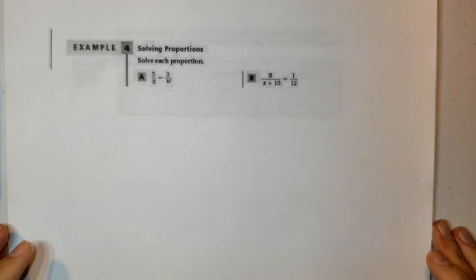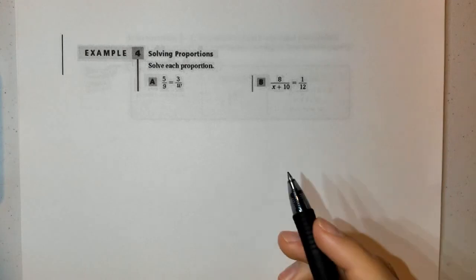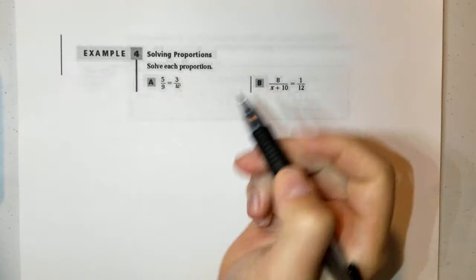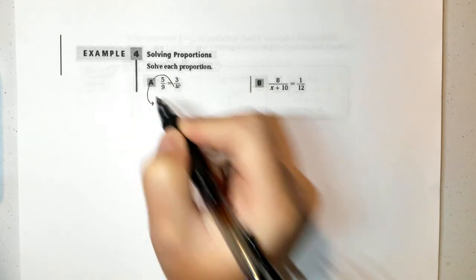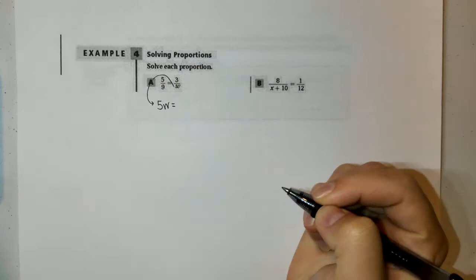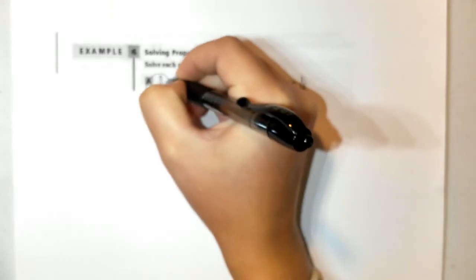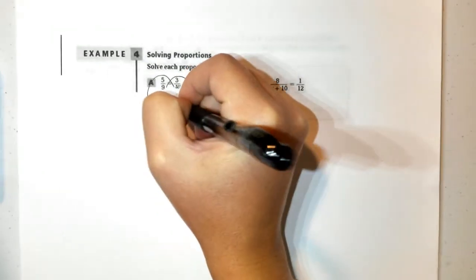So for the first one, we have 5 over 9 equals 3 over W. We're going to solve for W. So we're going to cross multiply. So W times 5 will give us 5W. And then we're going to do 9 times 3. And 9 times 3 will give us 27.